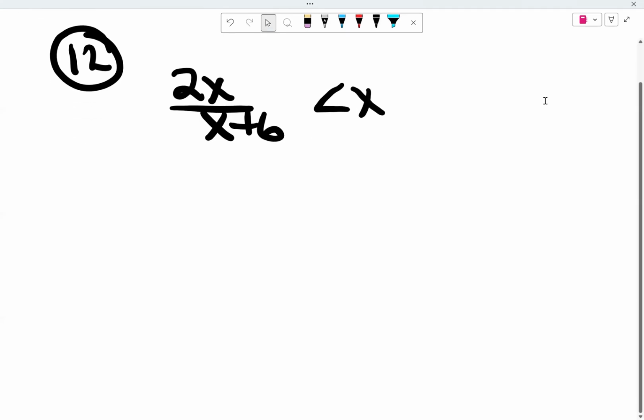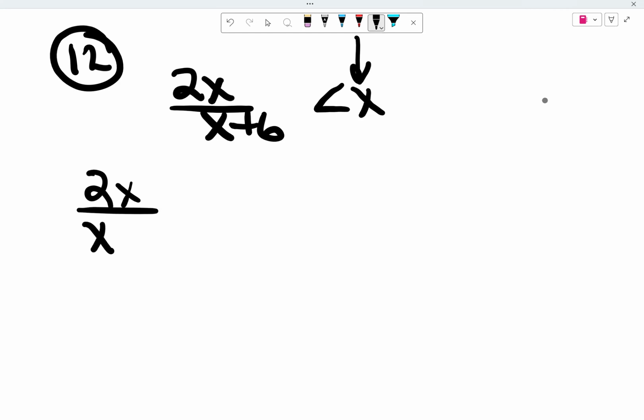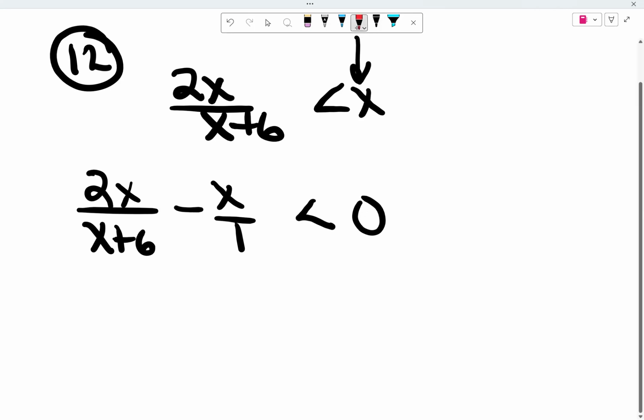Whenever you see this, what I want you to do is move this guy. So you have 2x over x plus 6, and you're going to subtract the x over 1 and set that less than 0. Does that make sense? The next step is you have to multiply to get a common denominator.